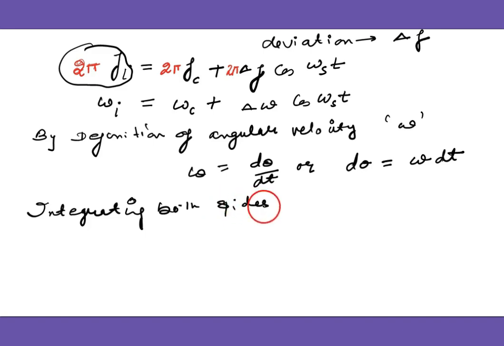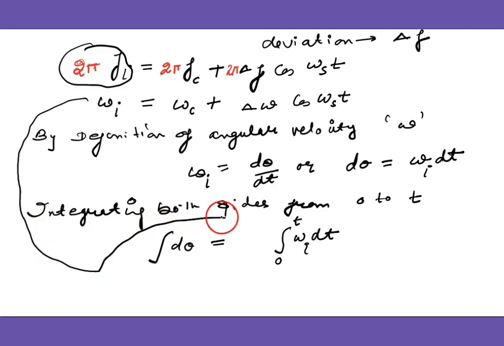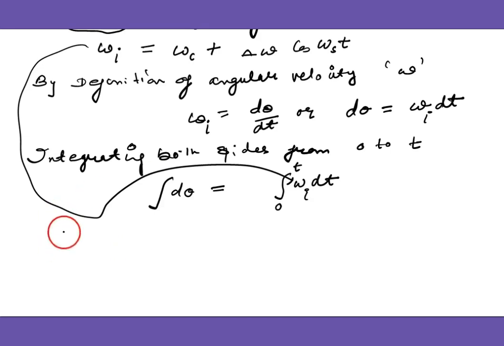So integrating both sides from the limit 0 to t. Then substituting, this omega is actually omega i, meaning of the modulated wave, the new wave which is formed. It is omega of that new wave.